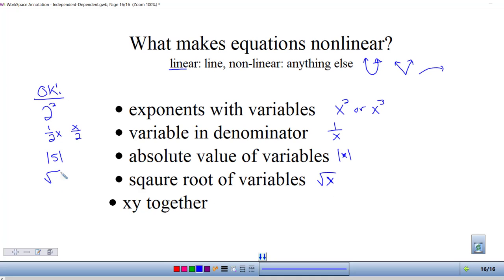Again, it's okay to have the square root of a number, just not a variable. And then the last one is x, y together. So I can't have x and y multiplying with each other. I might see an equation that has xy plus 5. That's not okay. X and y can't multiply together, or it creates something that is nonlinear.